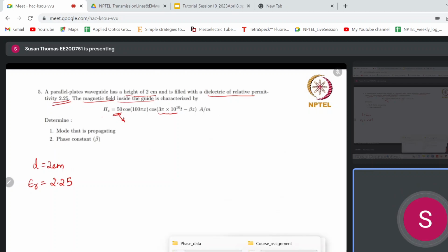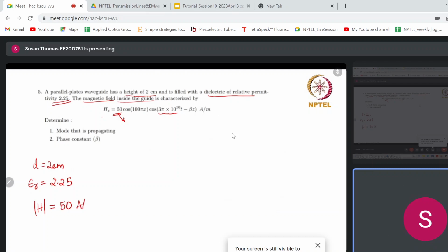Now coming to our discussion here, the magnitude of H is 50 ampere per meter, and we know that this is of the form omega t minus beta z. Omega is 3 pi into 10 power 10.